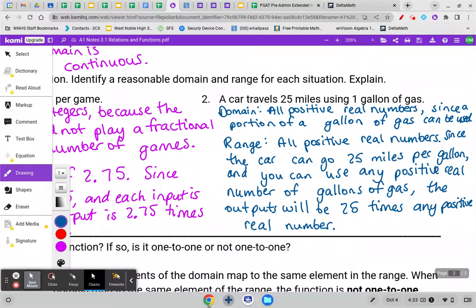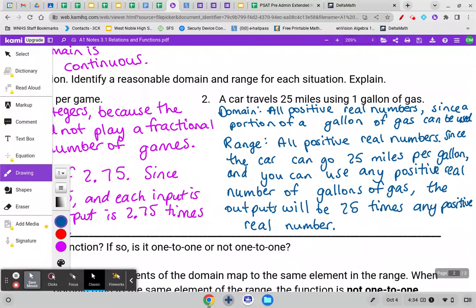You could buy 5.46 gallons. You can buy a portion of each gallon. So then our outputs, our range, is all positive real numbers as well, since the car can go 25 miles per gallon and you can use any positive real number of gallons of gas. The outputs will be 25 times any positive real number.